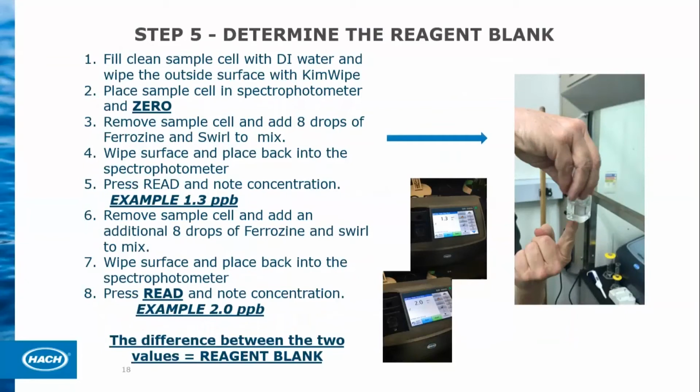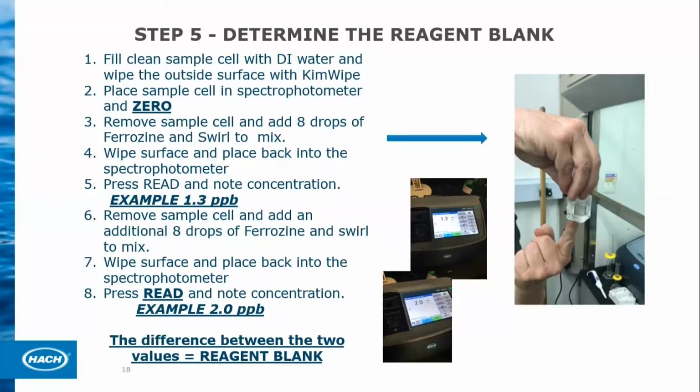Then we determine the reagent blank. This is standard lab chemistry. You're going to place the sample cell in the spectrophotometer. You're going to zero it. You're going to remove that. Well, actually here first, you're going to determine the reagent blank. So you're going to remove the sample cell, put in 8 drops of Ferrozine, and remeasure it. What we're doing there is measuring a little bit of color due to the Ferrozine.